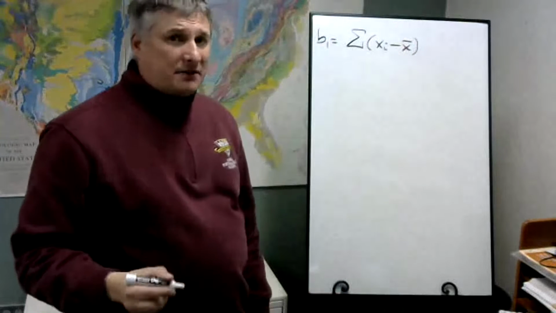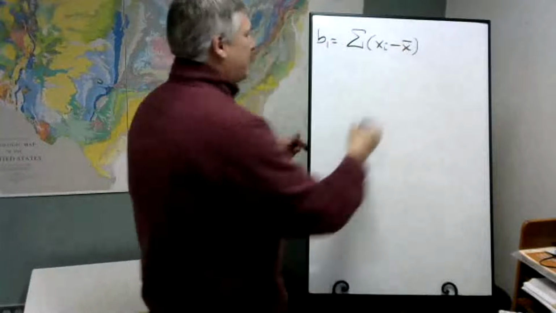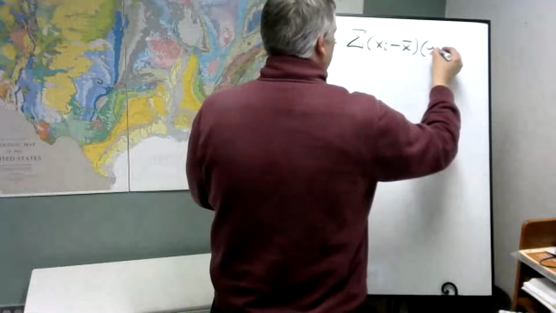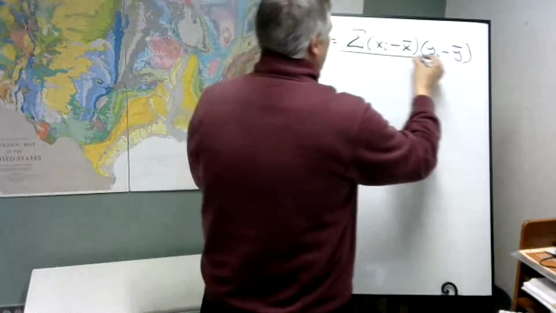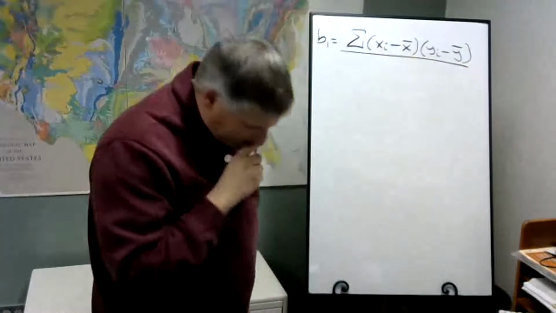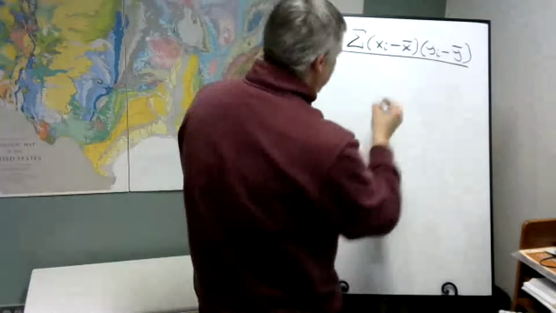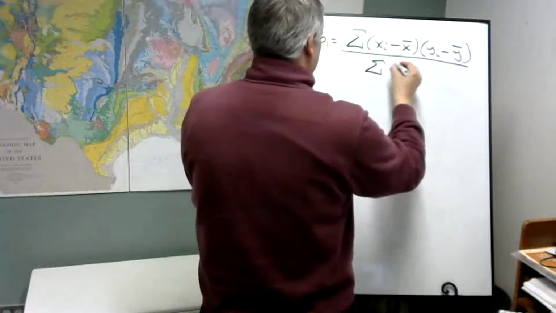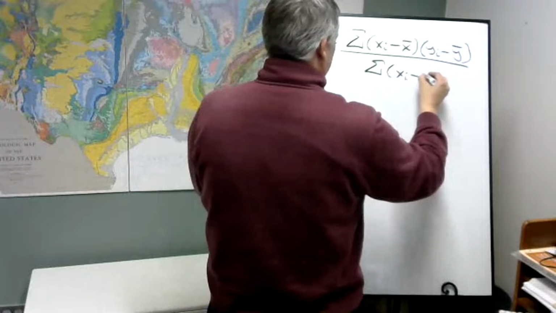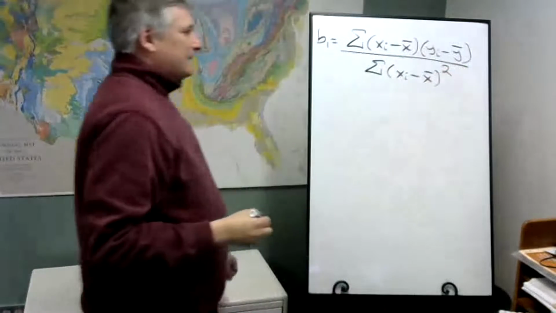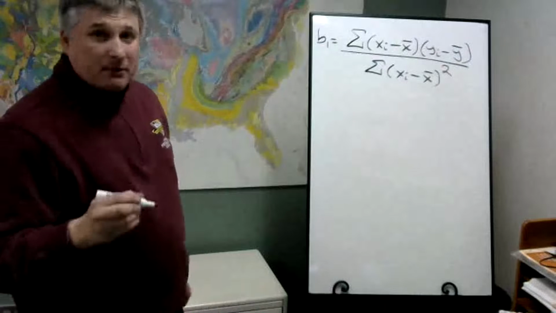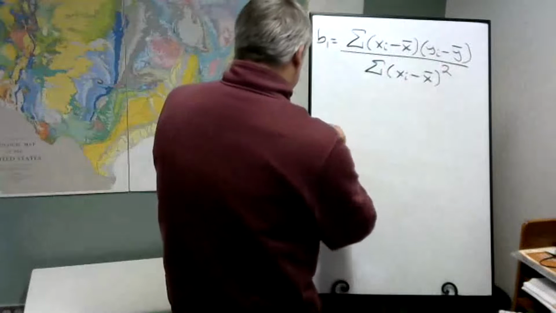We're going to talk about that in the next section. And then we multiply by y1 minus the y average of all the y data points, divided by the x data point minus the x average, squared. So that's b1.